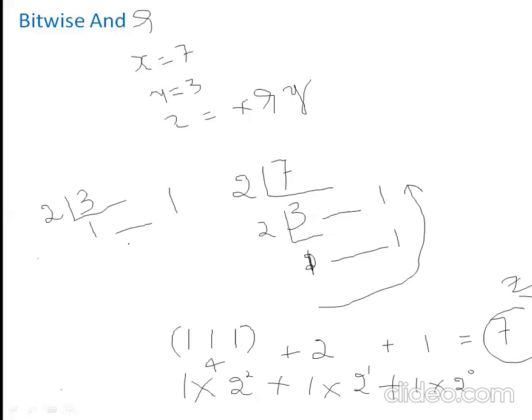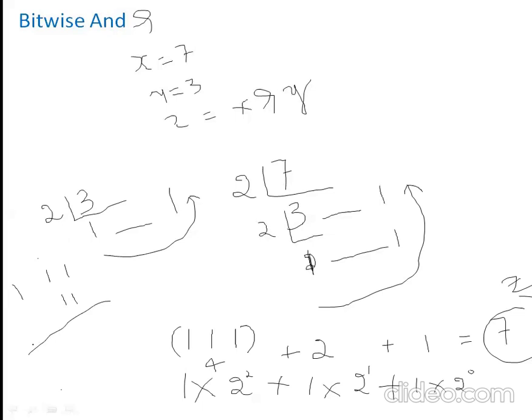So if you go from bottom to top, the resultant binary is 1 1. So for 3 we got 1 1, and for 7 we got 1 1 1.